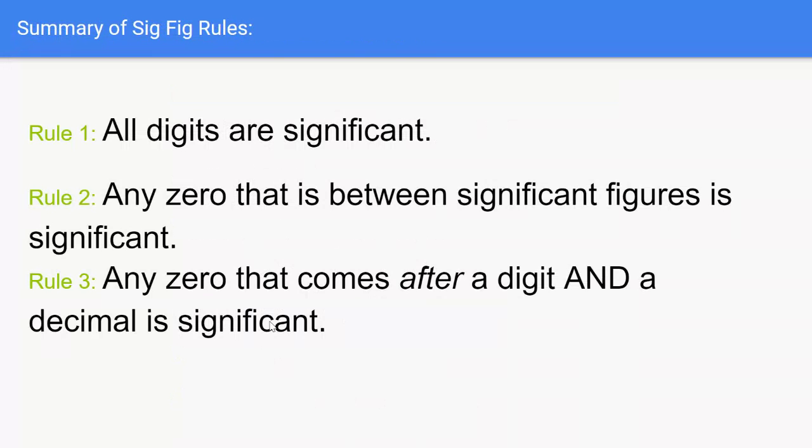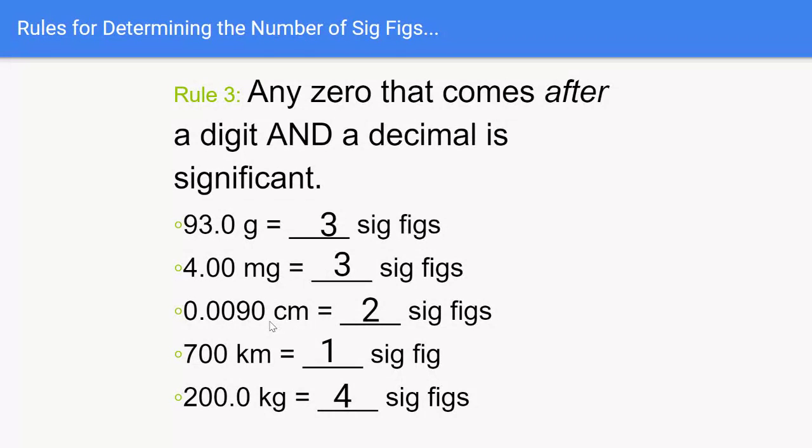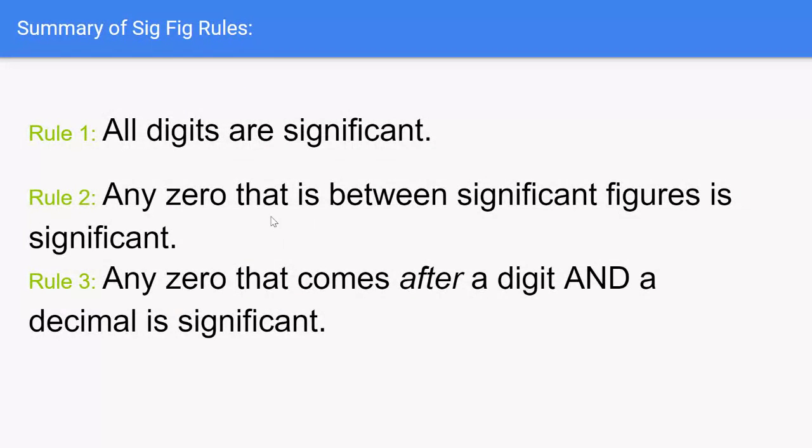So when you're doing your sig fig rules, just remember all digits are significant. Any 0 that is between significant figures is significant, and any 0 that comes after a digit and a decimal is significant. And going back to that last example, 200.0 kilograms, almost think of the decimal place as being kind of like a digit, if you will.